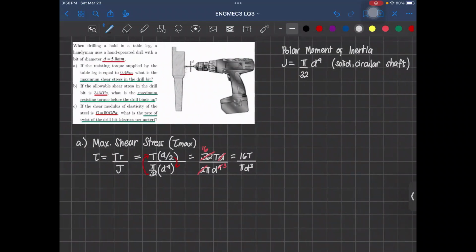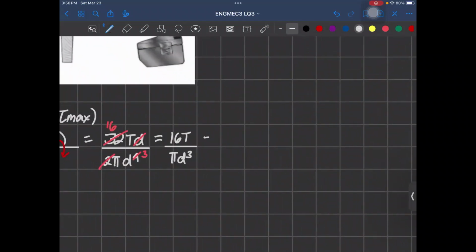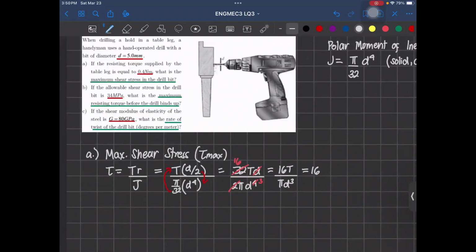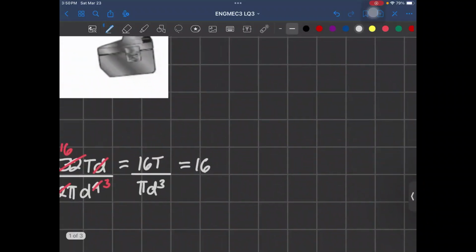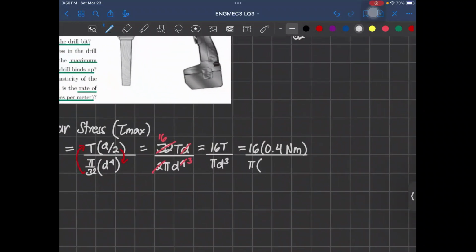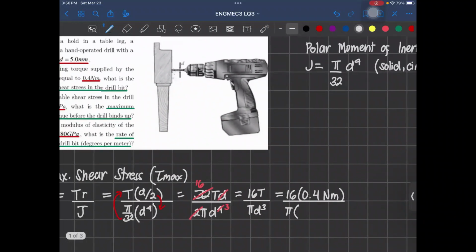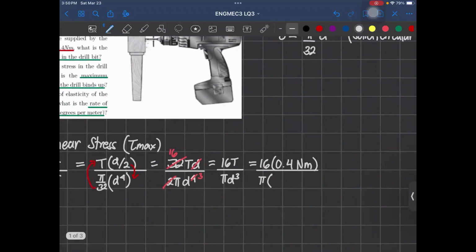Now that we have our formula simplified, let's plug in our values. For A, we are given that our resisting torque is 0.4 Newton meters. So 16 times 0.4 Newton meters all over pi times D cubed. For our D, it's 5 millimeters, but since our numerator is in Newton meters, let's convert the denominator into meters as well.